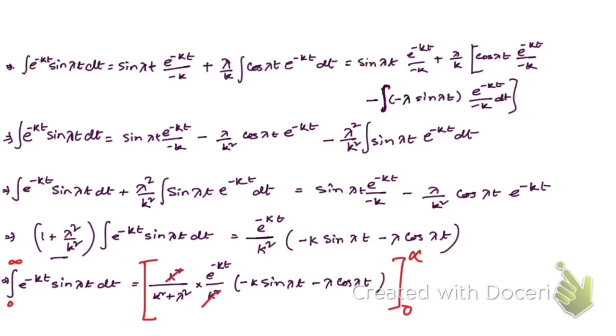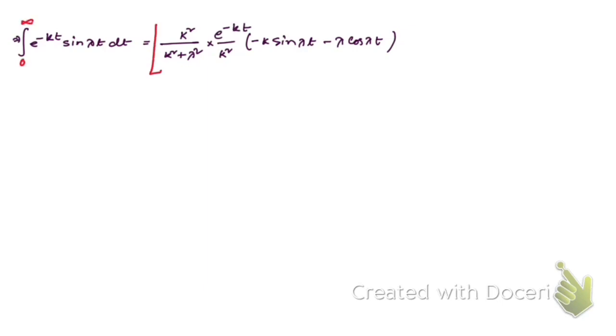Let me write the last step again, what we have got. So now we know e to the power minus infinity is 0, e to the power 0 is 1.